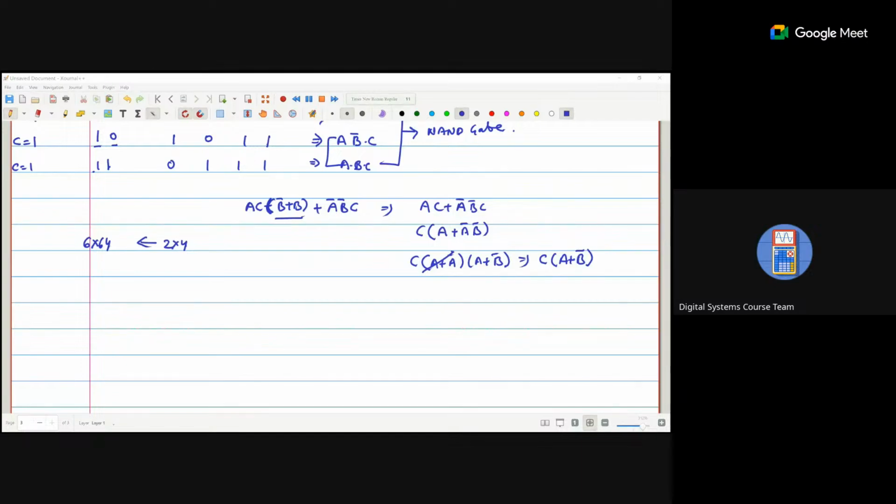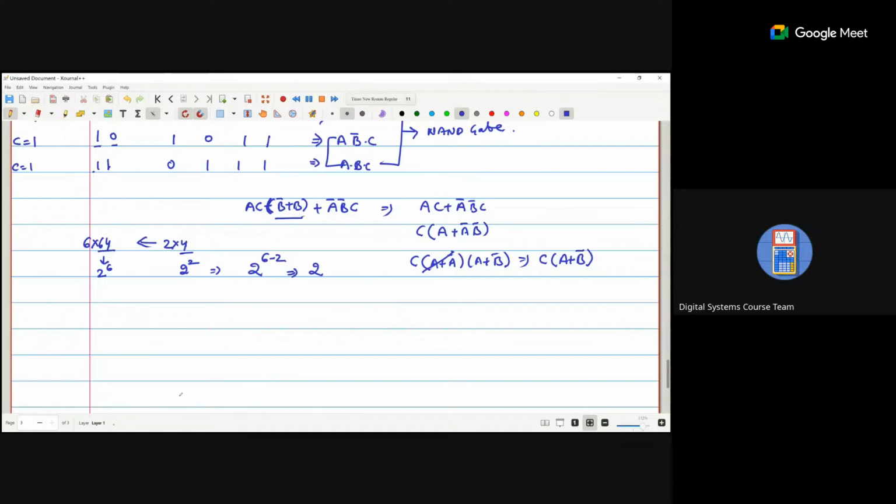Okay, so according to this, the output lines are 4, that is 2 raised to power 2, and the required output lines are 2 raised to power 6. Okay, so the required number is 2 raised to power 6 minus 2.